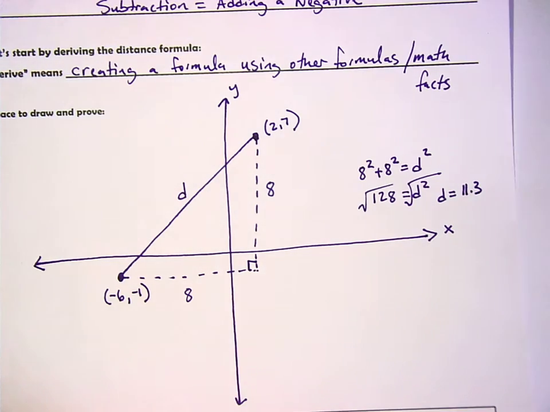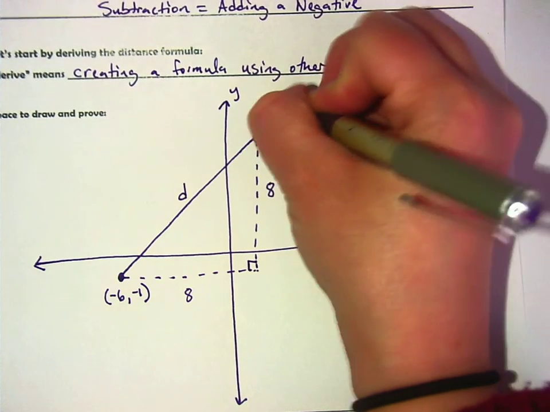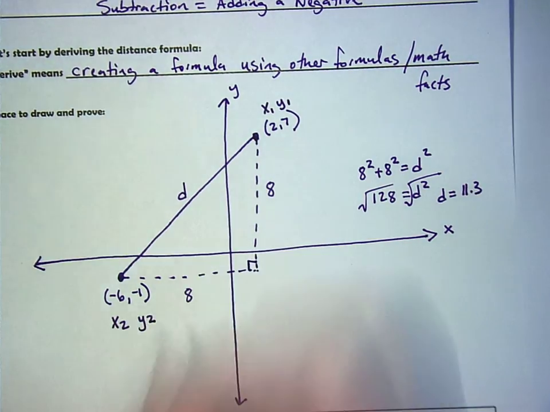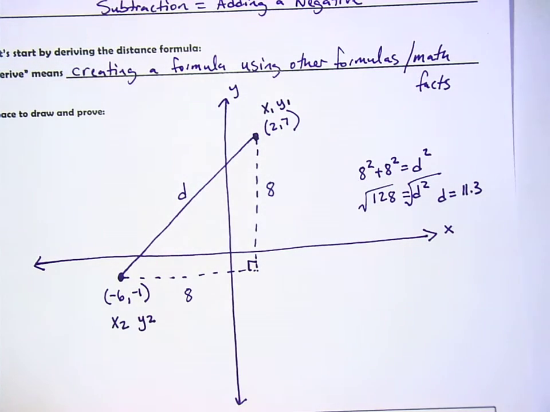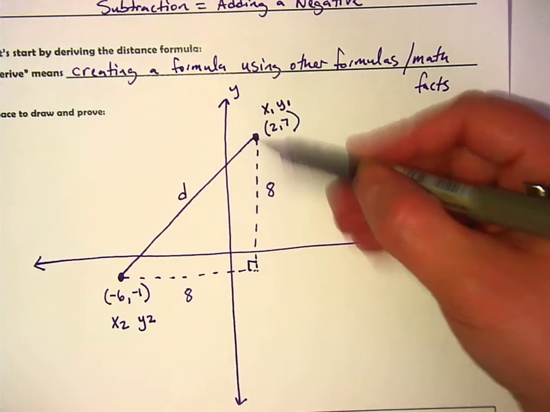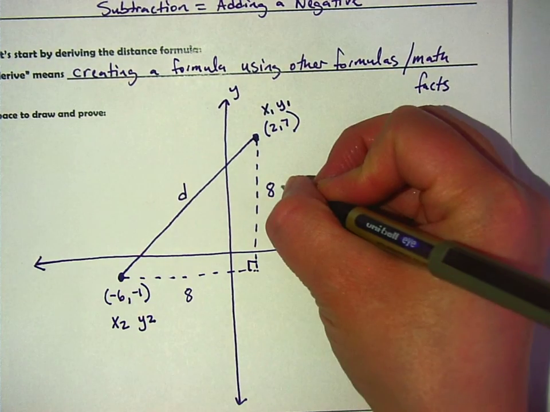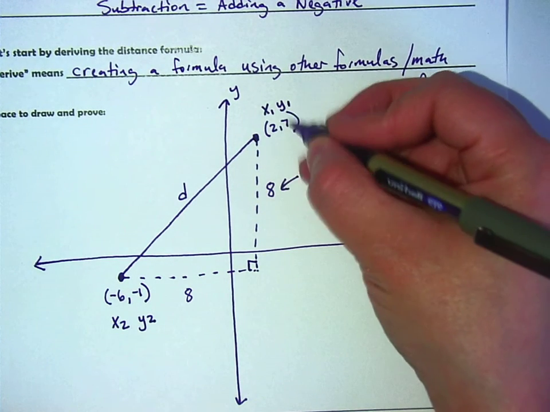Okay, ready to generalize it? I'm going to call this one x1 and y1. I'm going to call this one down here x2 and y2. And you said that to find this distance here, we took 7 minus a negative 1. So I'm going to rewrite that as that was what?